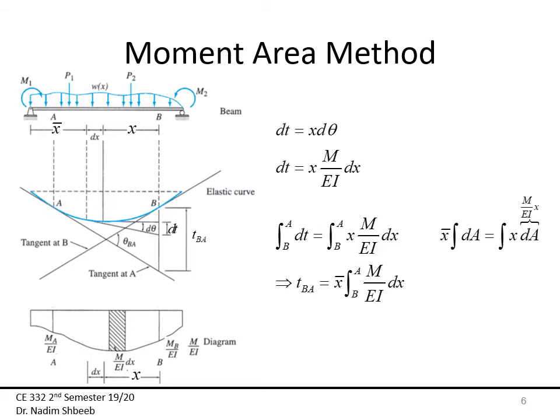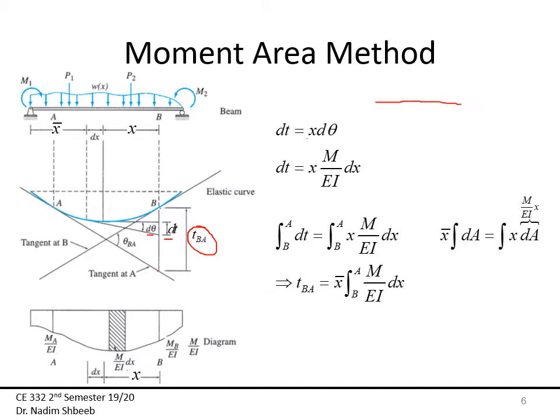Now, moving on to calculating this vertical distance between point B, which is on the elastic curve, and the tangent coming from A. If I want this distance, which I'm calling tBA, using that same change in angle that I did in the last slide, and now this being my delta t, then this delta t, or the change in vertical distance, is equal to x times d theta.